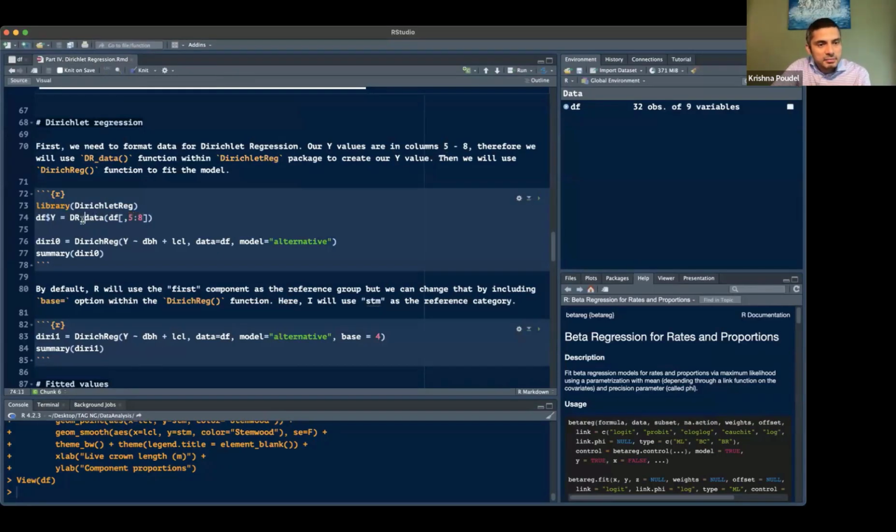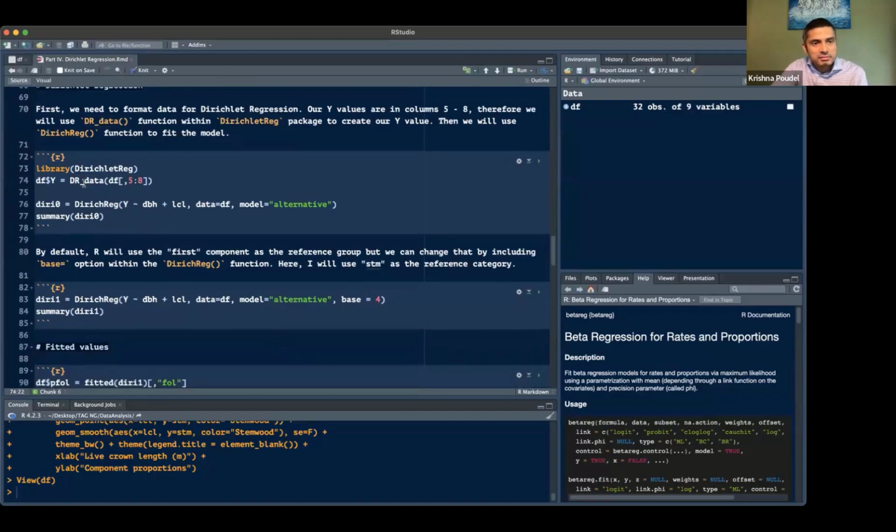By using this, I'm telling R that I want to format this data set to be ready for data analysis using Dirichlet regression. Once I do that, I can use this Dirichlet function, and the approach is the same as in a linear model, dependent variable as a function of independent variables.